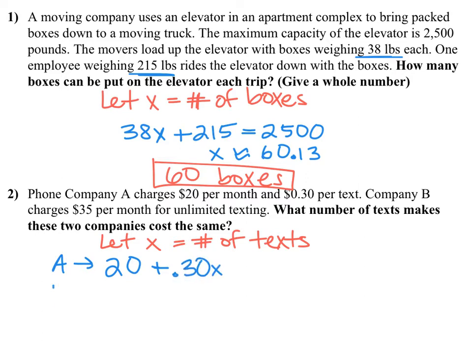Okay, and then company B just charges $35 a month. That happens one time per month, and so no variable. I'm asking, when are they the same? So you set them equal to each other, because in math, same means equal.